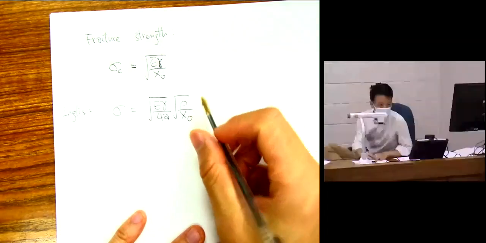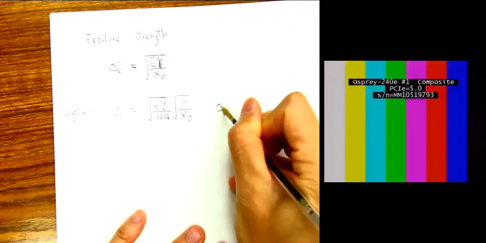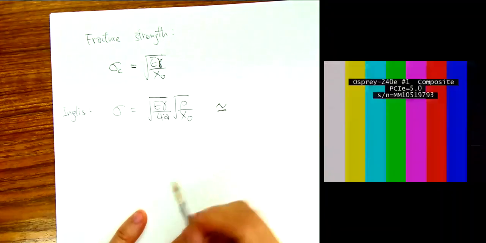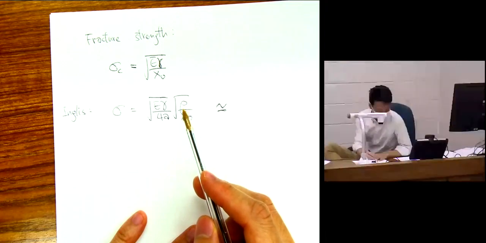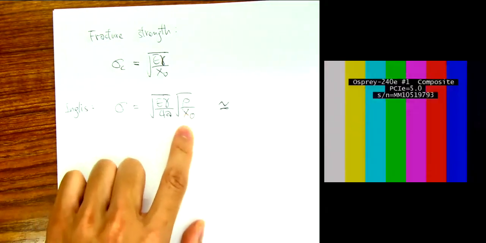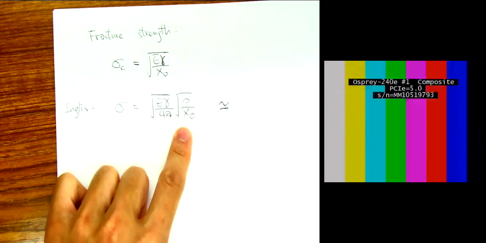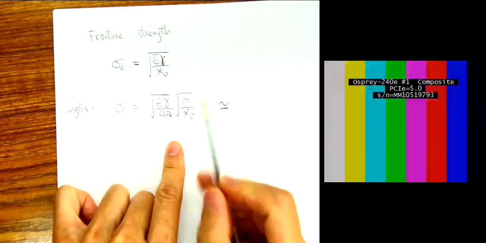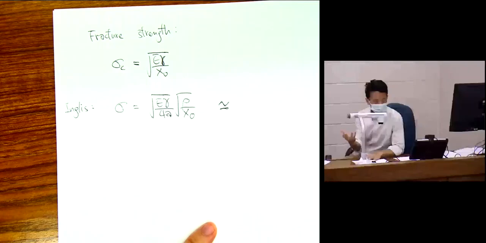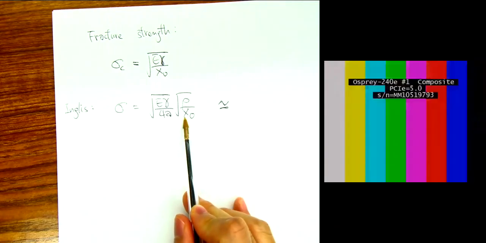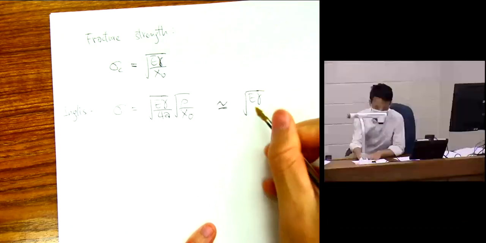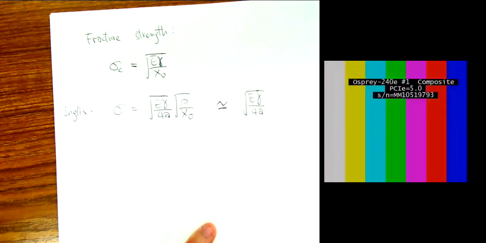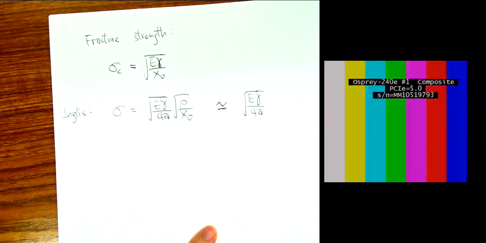But there's a simplified version of this, because if we are looking at a very sharp crack, then rho and x naught are about the same, for an atomically sharp crack. The radius of curvature around the crack tip is the same as the atomic dimension, and so a more practical approximation can be made that only depends on the crack size.